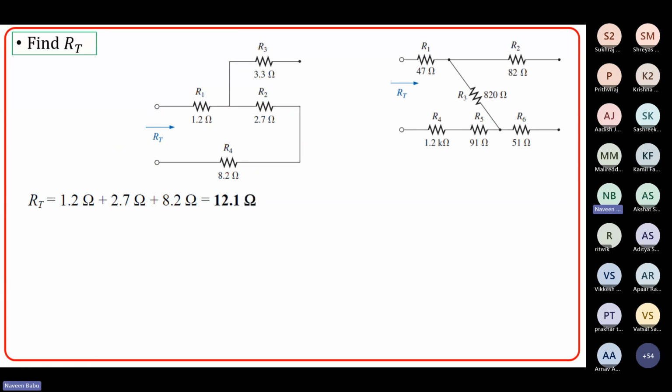Okay, the next problem. Now, can you give me the answers for this? Okay, the answer is 2158.